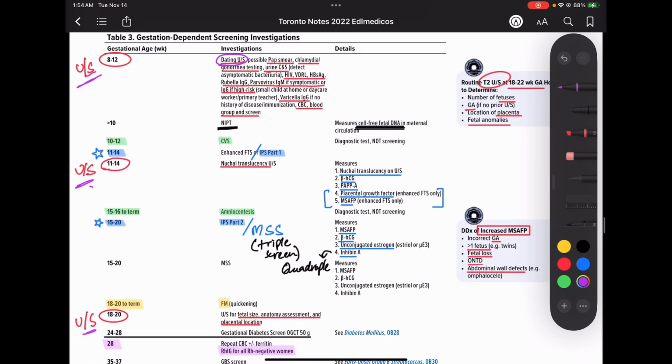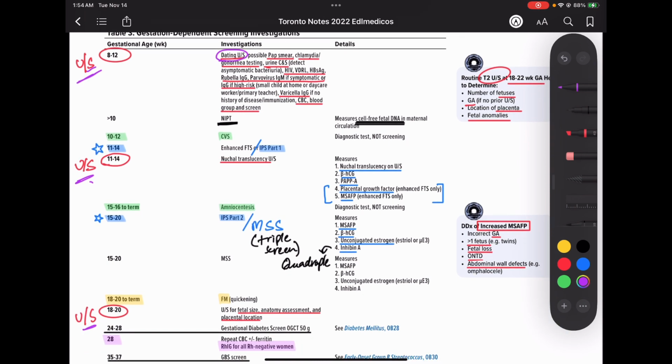Moving forward, at more than 10 weeks, we do non-invasive prenatal testing, NIPT, in which we measure cell-free fetal DNA in maternal circulation. So this is a non-invasive test.